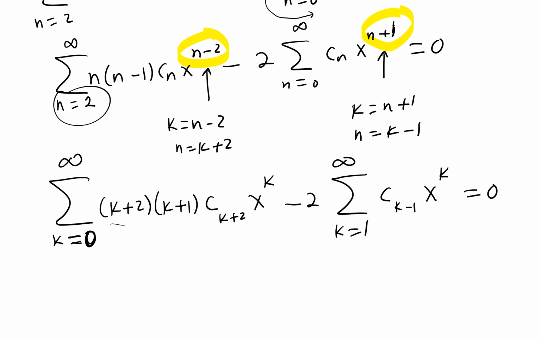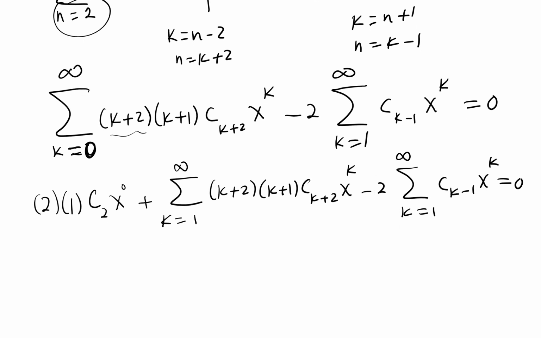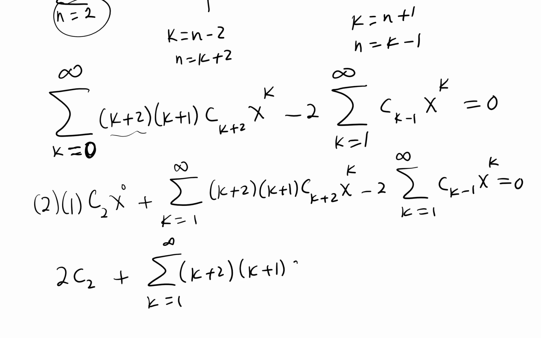If you put k equals 0, this will be 2 times 1 times c sub 2 times x to the 0, plus, now the other sum starts at 1, and everything else stays the same: the sum from k equals 1 to infinity of k plus 2, k plus 1, c sub k plus 2, x to the k, minus 2 times the sum from k equals 1 to infinity of c sub k minus 1, x to the k, equals 0.